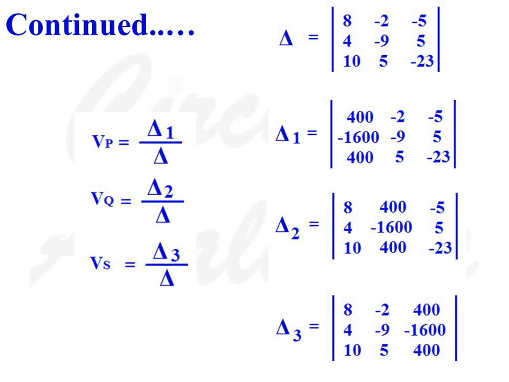Delta 2 is equal to determinant of 8, 400, minus 5; 4, minus 1600, 5; 10, 400, minus 23, and delta 3 is equal to determinant of 8, minus 2, 400; 4, minus 9, minus 1600; 10, 5, 400.